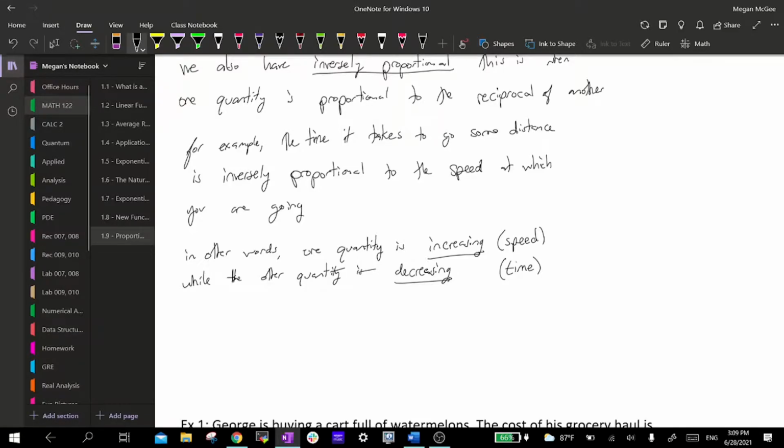All right, so if we were talking about a 50-mile trip, we would have the equation, our speed, which we like to call v, is equal to 50 times 1 over t. And this is our inversely proportional to time. So this is our reciprocal of time.